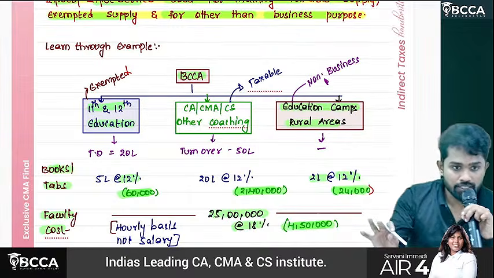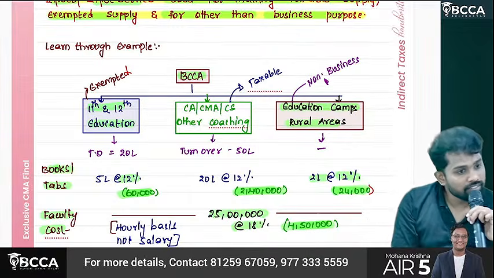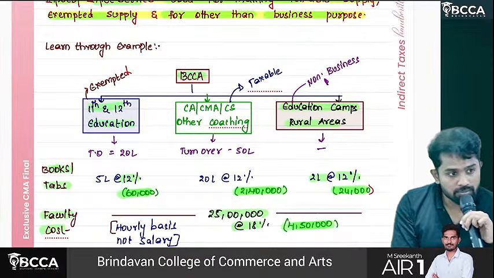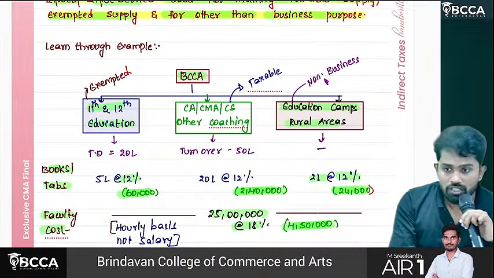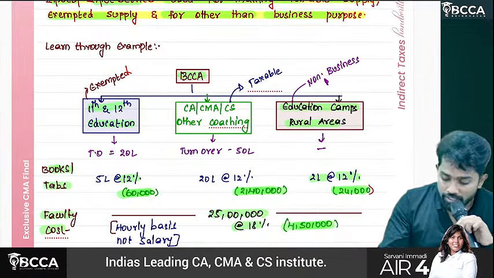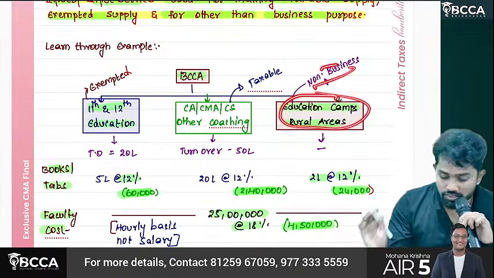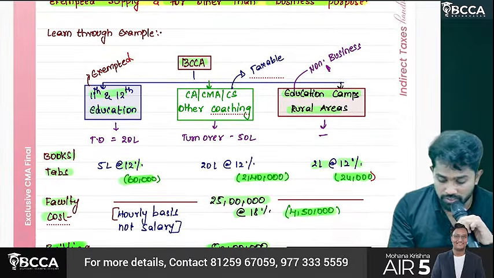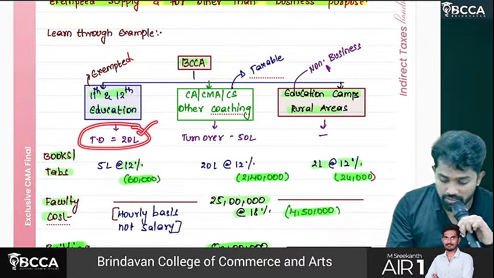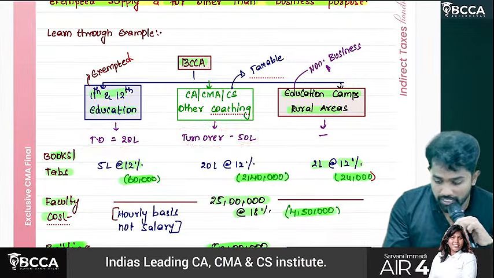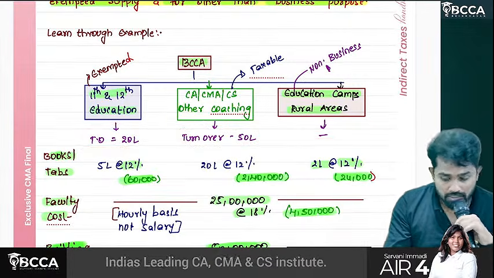So three things are there: first, 11th and 12th education, which is exempted; then the ICMAI coaching, taxable; then education camps in rural areas, which is non-business. Now the turnover: from exempted it is 20 lakhs, from taxable it is 50 lakhs, and from non-business nothing is there.